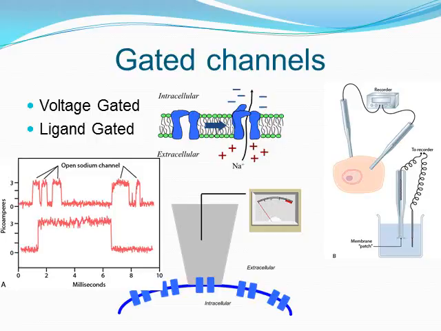It opens its other channels, its ligand-gated channels, to allow sodium or other positive ions, but usually sodium, to enter the cell. That increases the voltage of the cell. So you have a ligand-gated channel, like a sodium channel, open. Sodium goes into the cell. It makes the cell more positive, and that causes the voltage-gated channels to open.